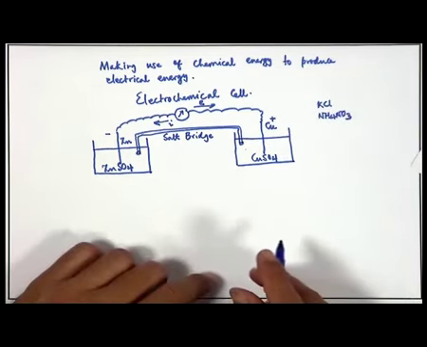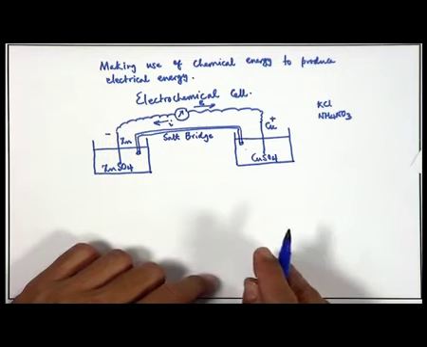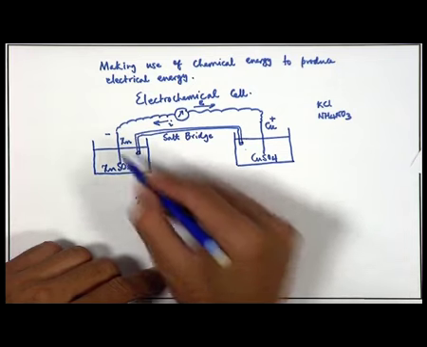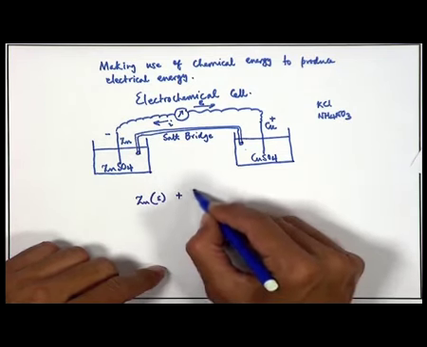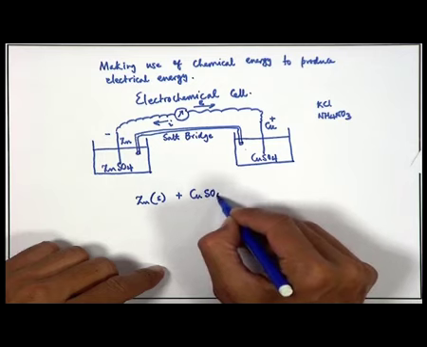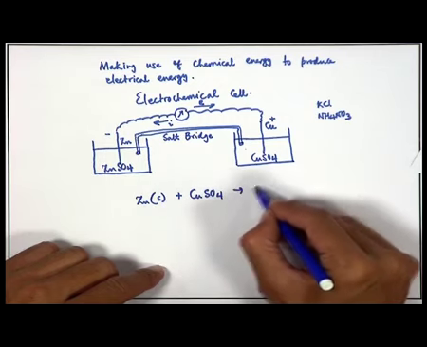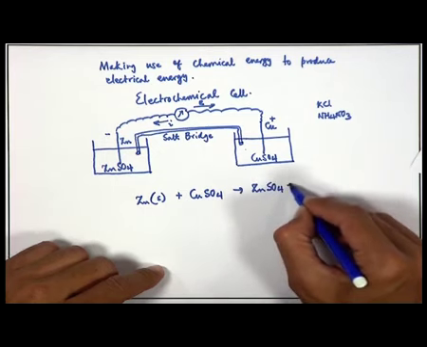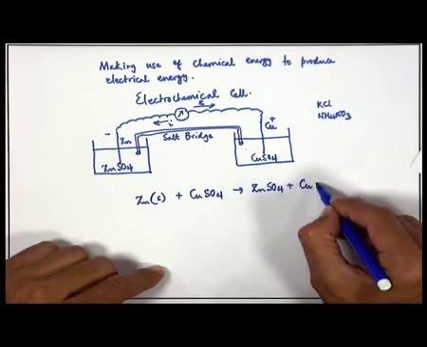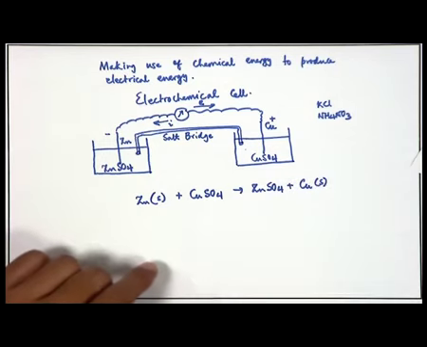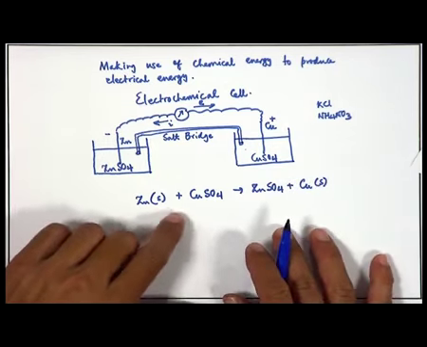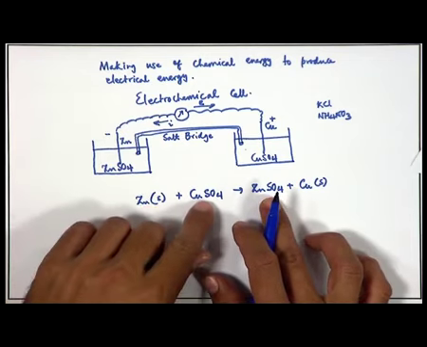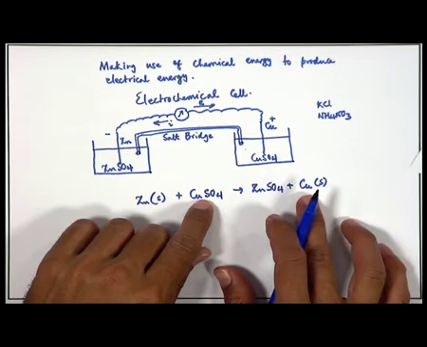So, what is the chemical reaction that is taking place overall? Zinc solid, that is the rod, plus CuSO4 gets you zinc sulphate plus copper solid. So, that means zinc will be oxidized and copper sulphate will be reduced.